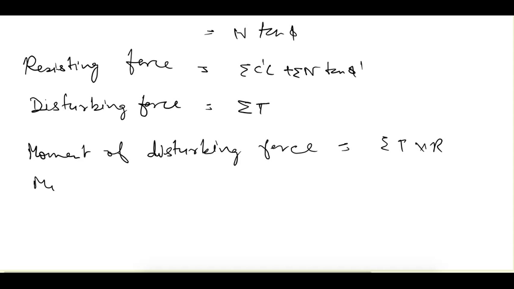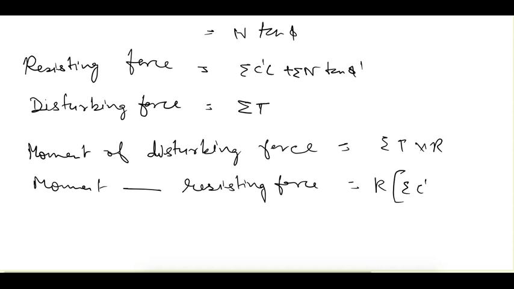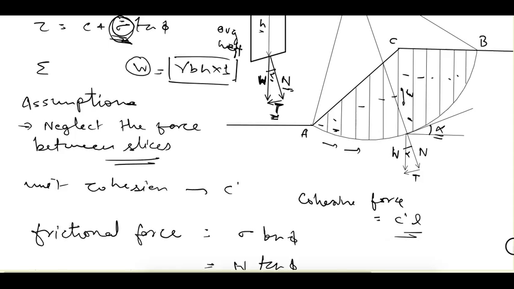Similarly, the moment of the resisting force is R into sigma c dash l. This was c dash small l, and when we do the sigma, it gives us the total length of this arc.